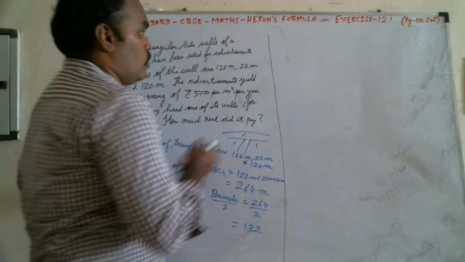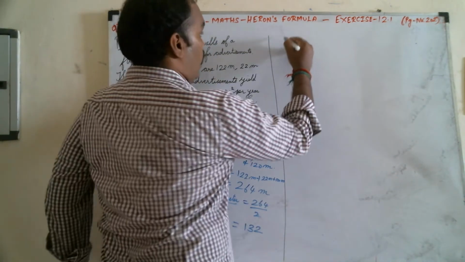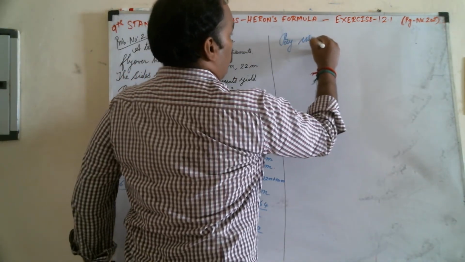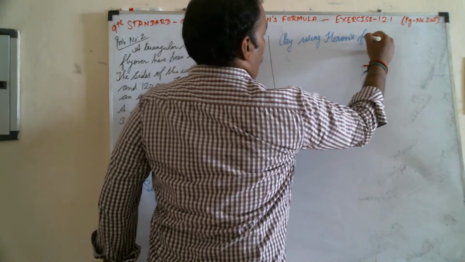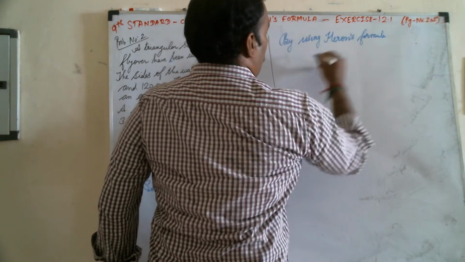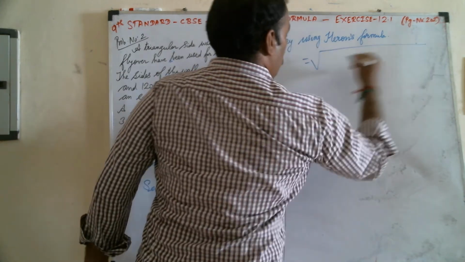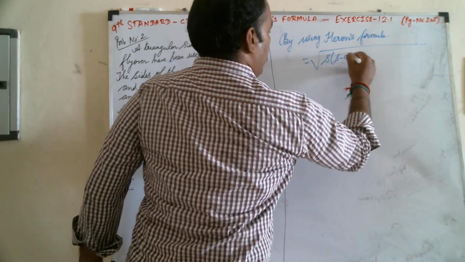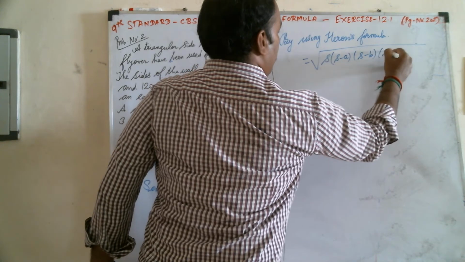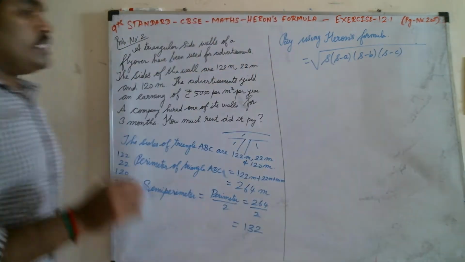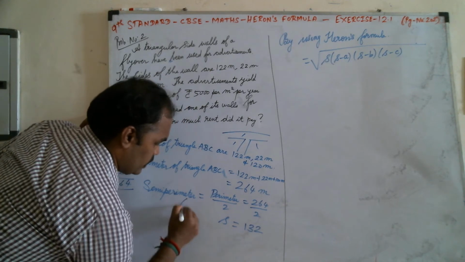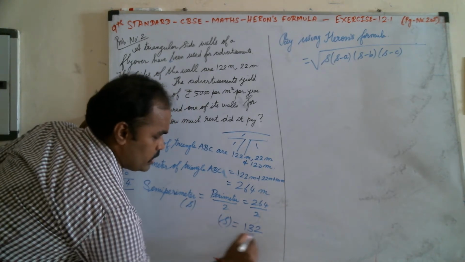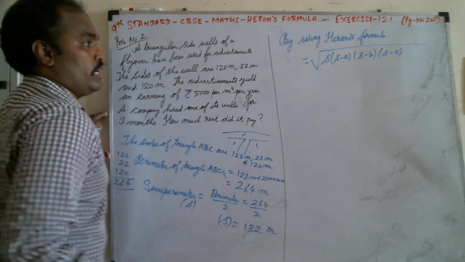Then next, what we need to do? By using Heron's formula, area is square root of s into s minus a into s minus b into s minus c. So what is the s value? The semi-perimeter value is 132 meter.